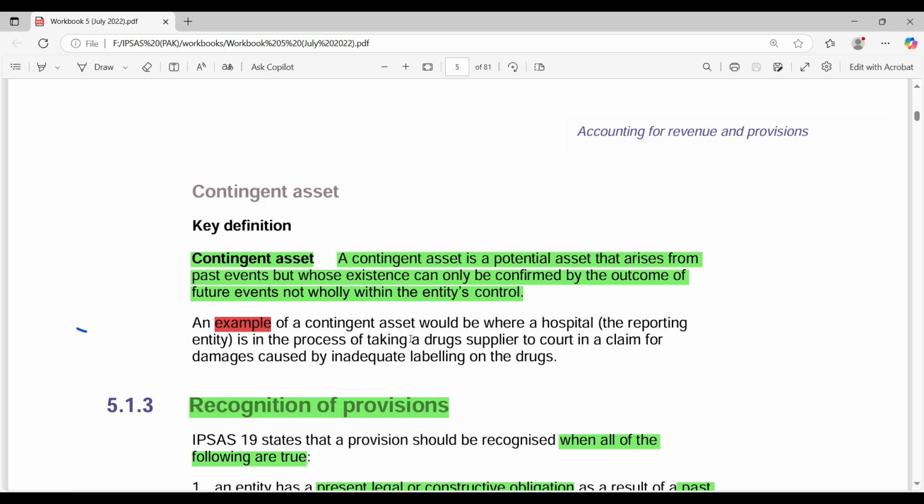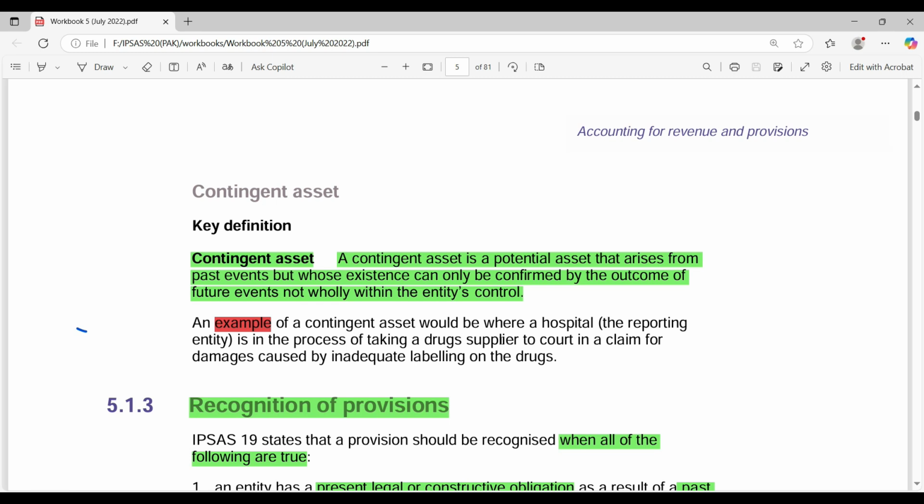If the court decides in favor of the hospital, then the present contingent asset would become an asset of the hospital after the decision of the court.